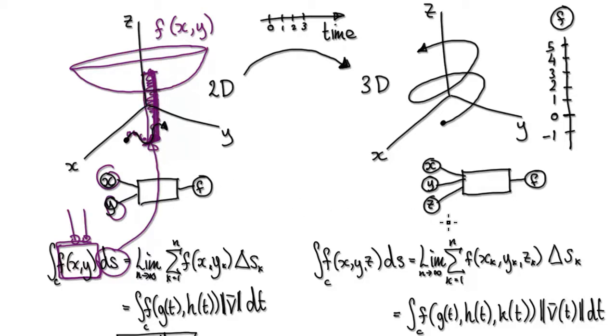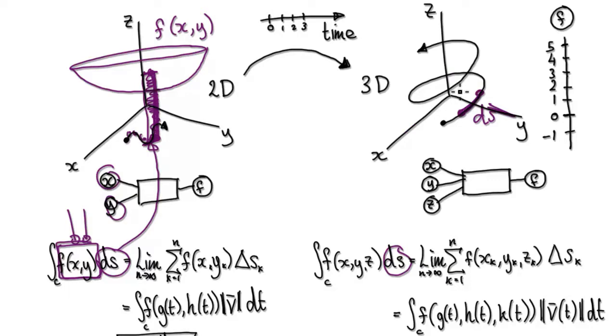Whereas in 3D, ds represents the distance moved along the actual path. So you can imagine this is ds here, and it's in 3D space. So it's moving along the x direction, the y direction, and it has some sort of height element to it.